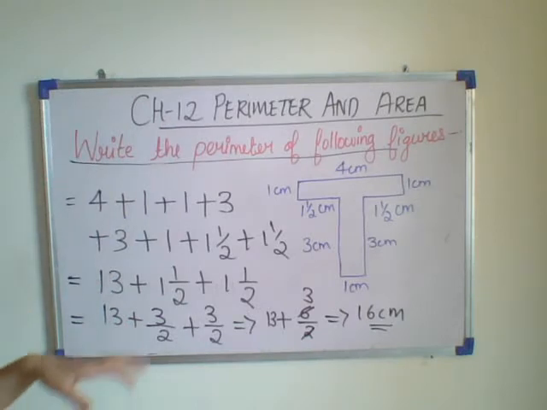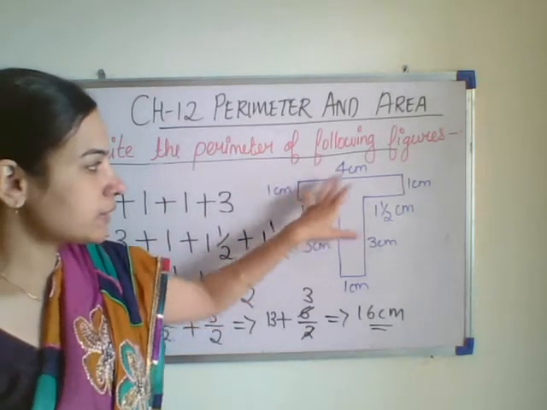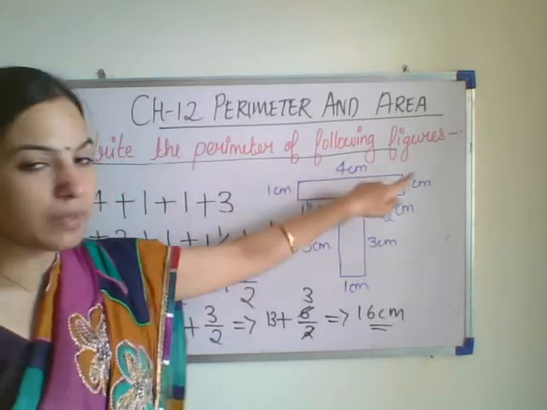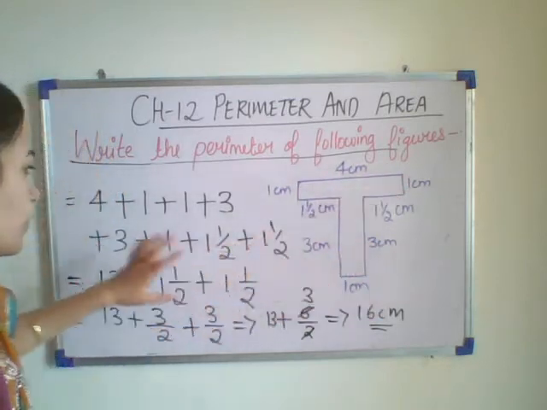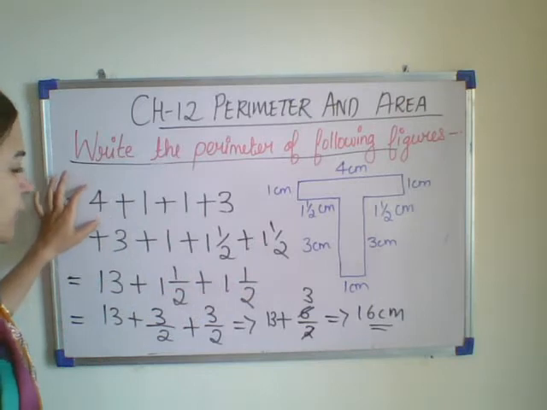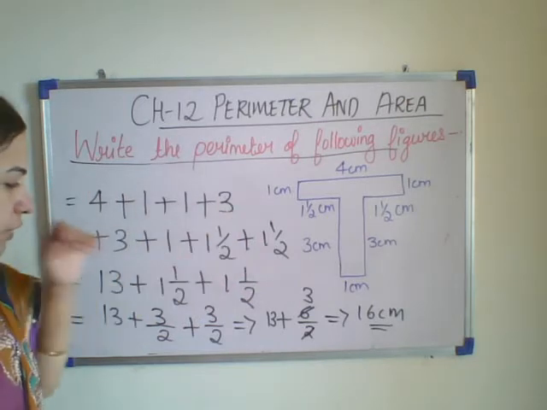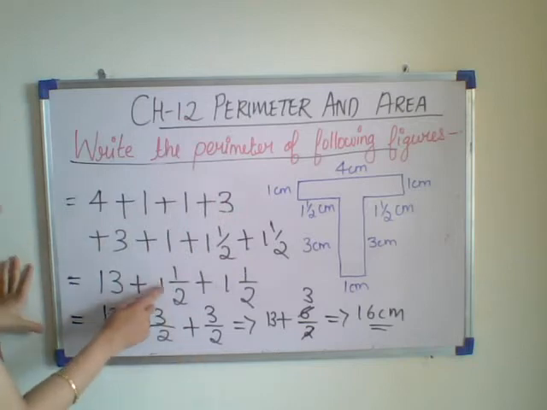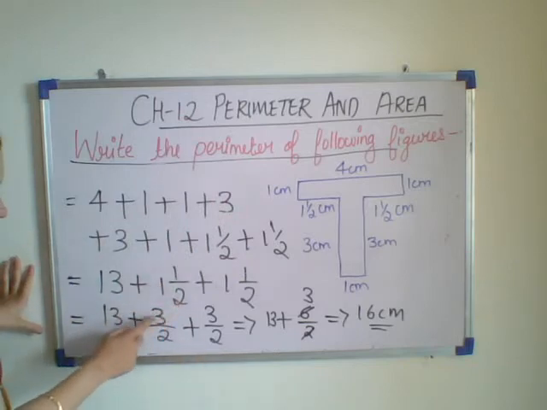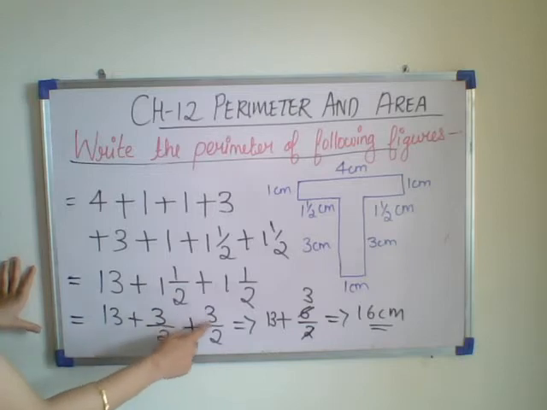Again let us revise. Here I have drawn a figure. This is T. Here I have written the measurement of each side. What we have to do in order to find the perimeter? We have to add all the sides. Mixed numbers also we have added. So this mixed number, first of all we have to convert into a fraction. 1 multiplied by 2 is 2 and 2 plus 1 is 3. 3 upon 2 plus 3 upon 2.